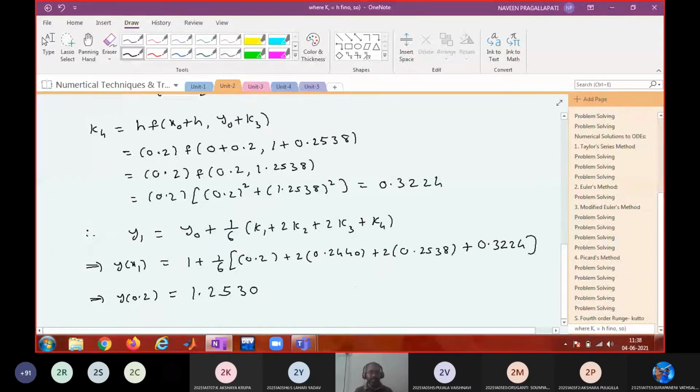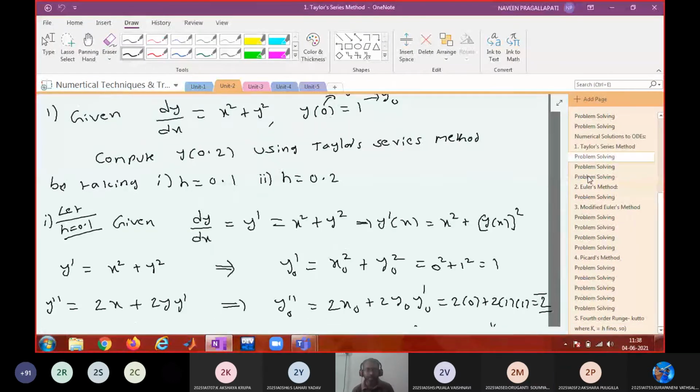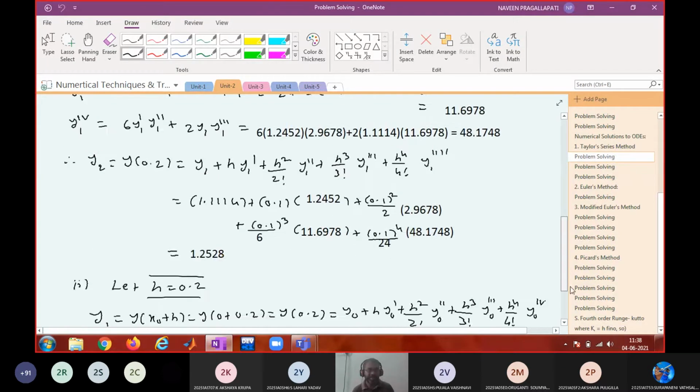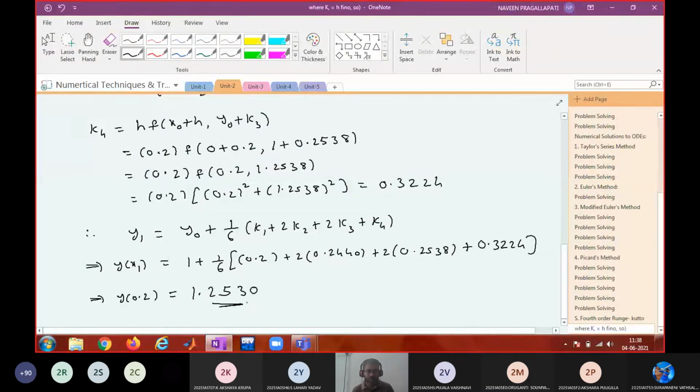What about the others? We got the same value. Yes, 1.2530. And what is the value we got in the Taylor series method, where we directly took h equal to 0.2 in the second case? 1.2525, and this is 1.2530. Okay, so very near.